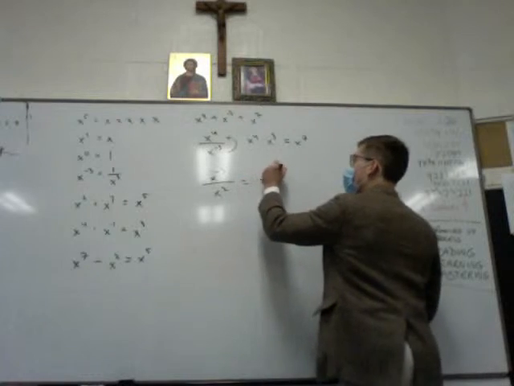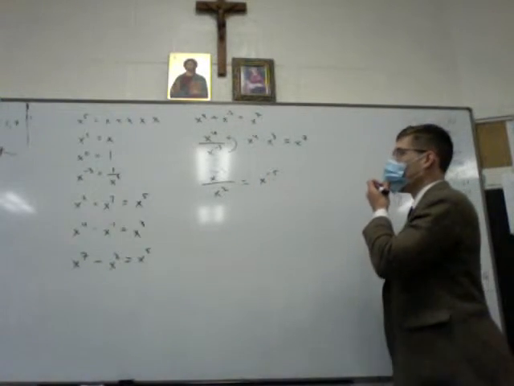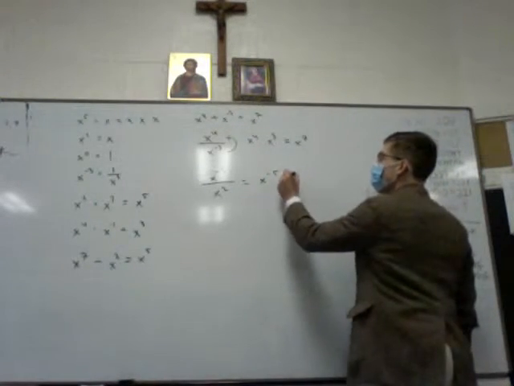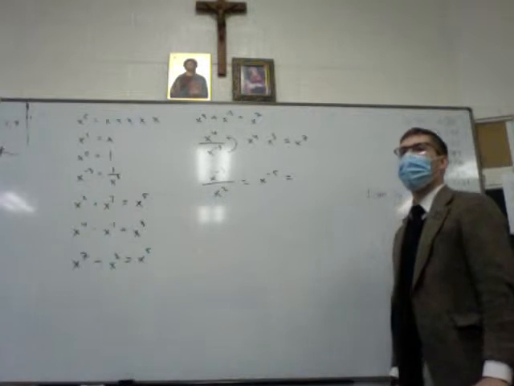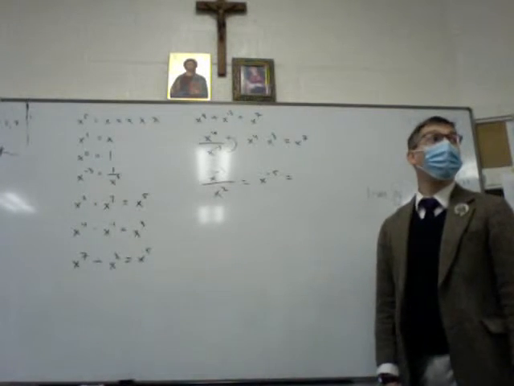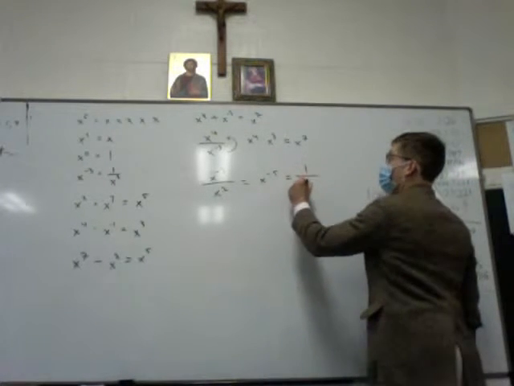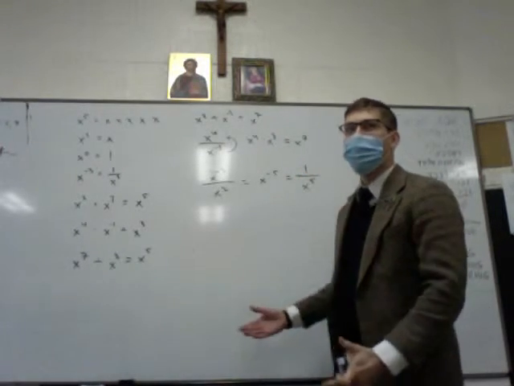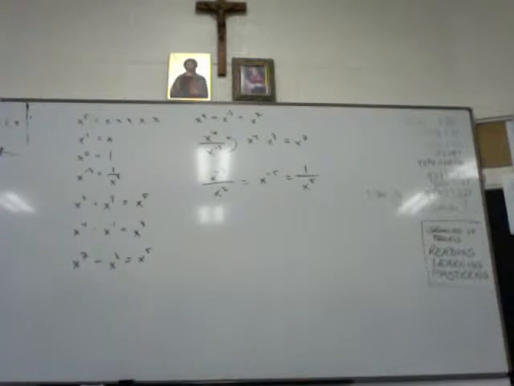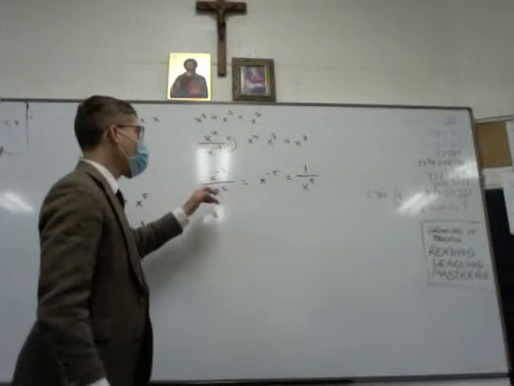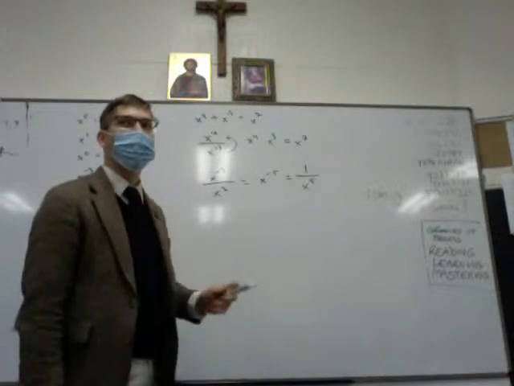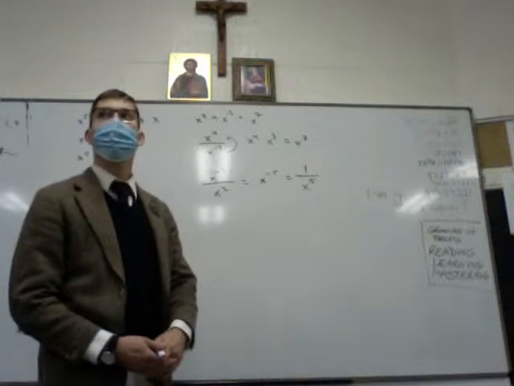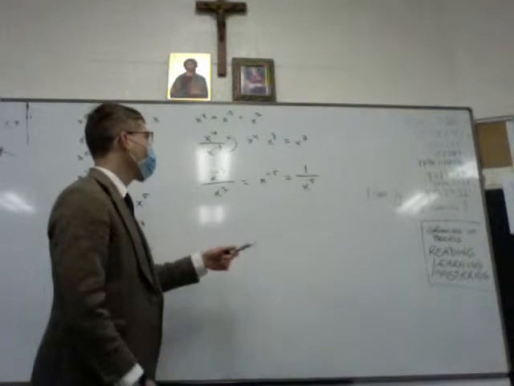Either we could write x to the negative 5, or how else could we write that? 1 over x to the fifth, right. A negative exponent means the same thing as having the positive exponent on the bottom. So here, again, we're dividing, so we just subtract. Negative 3 minus 2 gives us negative 5.